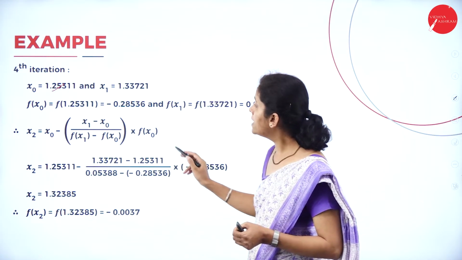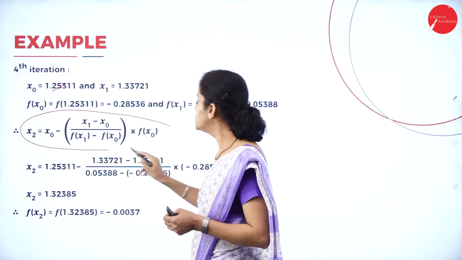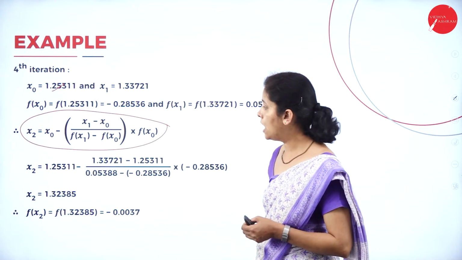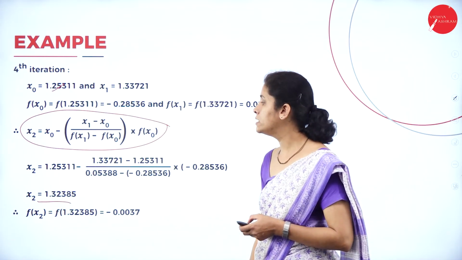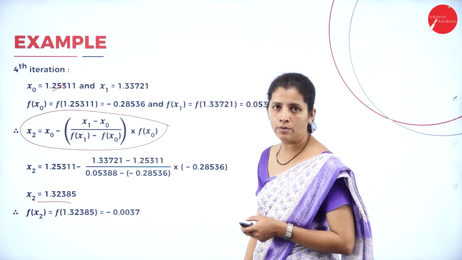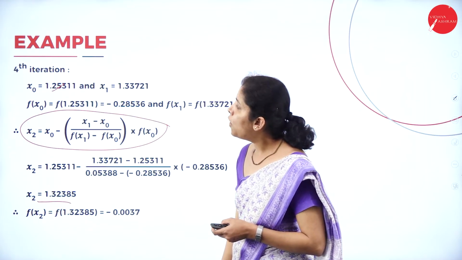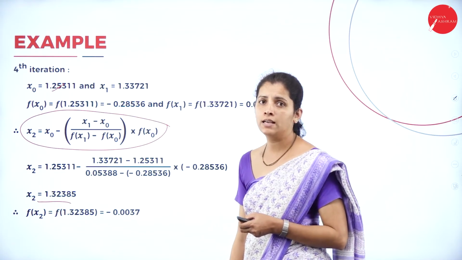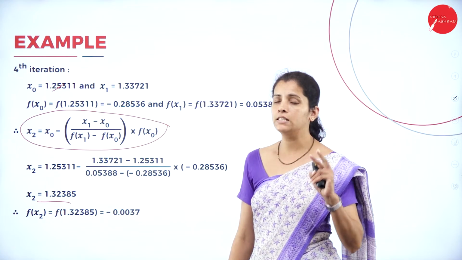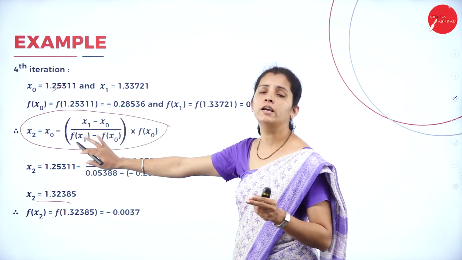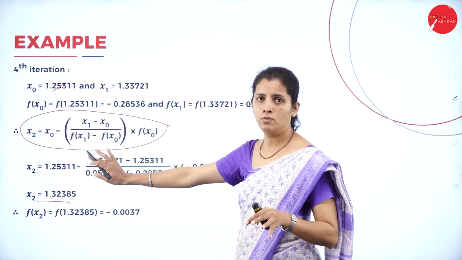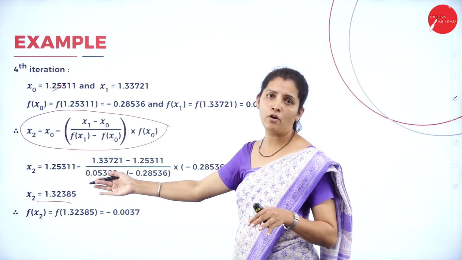After that I'm going to substitute these values in this formula. After that I'm going to get the answer 1.32385. And if you check all the iteration, I'm going to consider only 3 values, that is x0, x1 and x2. That means in this way also you can solve the problem. This method also you can follow.